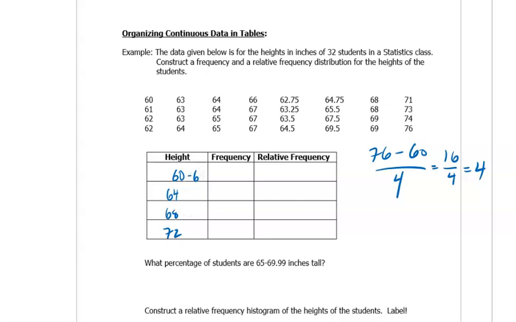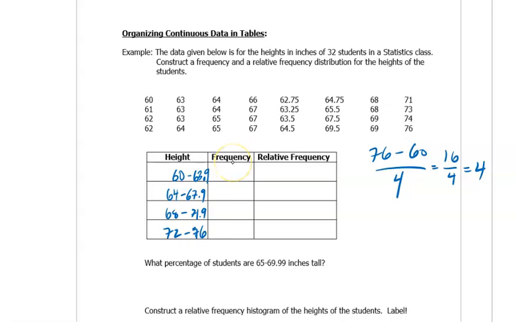And so we have to be careful about how we name these upper limits. Based on the data here, I'm just going to be safe by calling it 63.9. That would capture anything that goes up to 64, because we don't have anything that's 0.99 or something like that. So this one will go up until 67.9. This one will go up to 71.9. And then this one will go up to 75.9, but really we would just call it 76 to make sure that we get the last value.